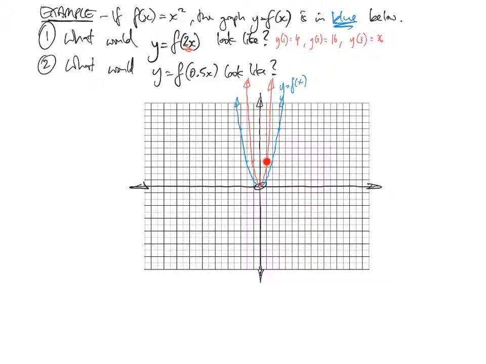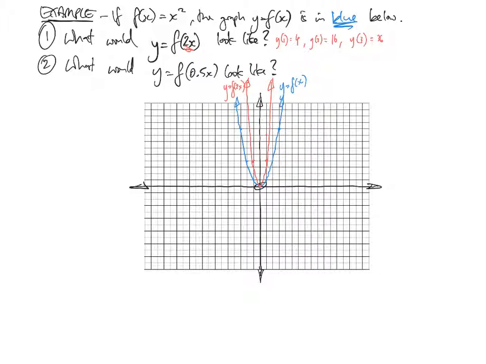Well, here, when x is equal to 1, y is equal to 4, that is 1 away, whereas before it was 2 away, so it's half the distance away from the y-axis that it was before, so that confirms the horizontal stretching for a positive k. So that is y is equal to f of 2x in red.